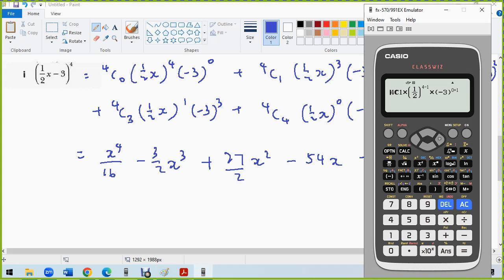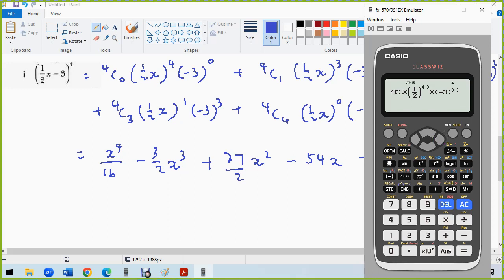Okay, so we have the 4C2 half, and then 4 minus 2, and then we have the 0 plus 2, so it will become 27 over 2. And then we have the 4C3, and then 4 minus 3, and then this one is power 3, negative 54.